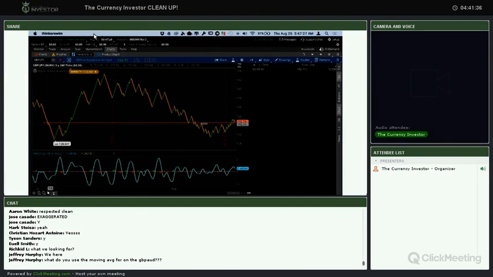Look at this candle, red one. I don't have a moving average on this.